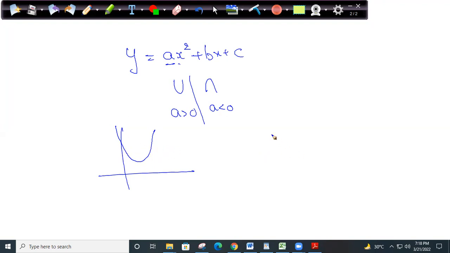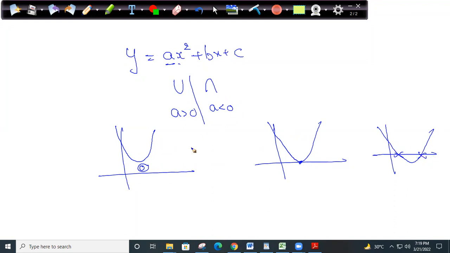If the parabola is upwards, it can have 0 intercepts, meaning the graph is not touching any point on the x-axis, or exactly 1 x-intercept, meaning the graph touches at exactly 1 point, or 2 x-intercepts, or 2 roots, or 2 zeros, meaning the graph touches the x-axis at 2 points.